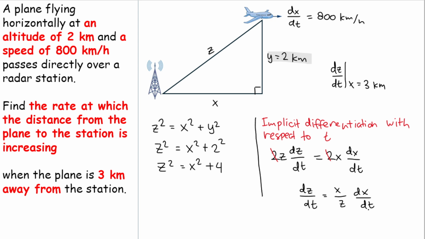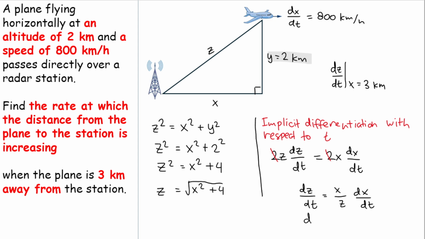Okay, and then for z here, we can just use the positive square root, because the distance is always positive. So z is equal to the square root of x squared plus 4. Actually, it is plus or minus, but distance is always positive, so we can just use this one. So we can substitute this z into the formula.